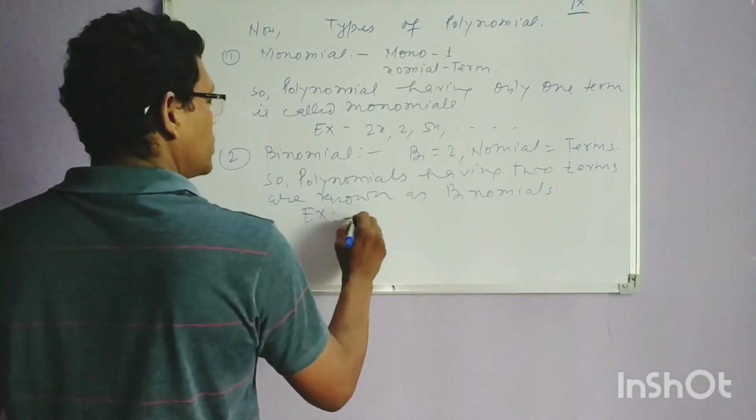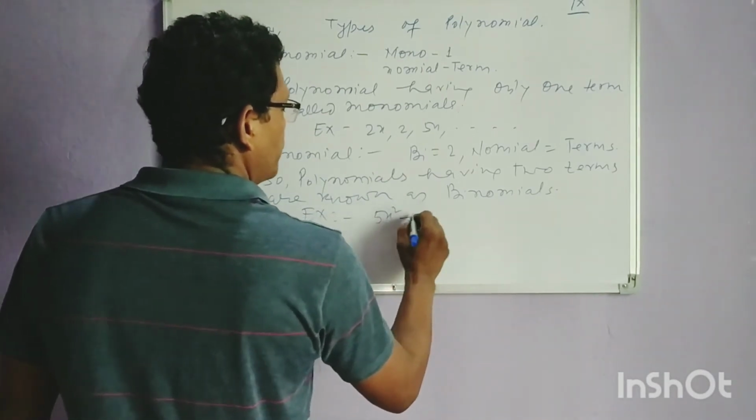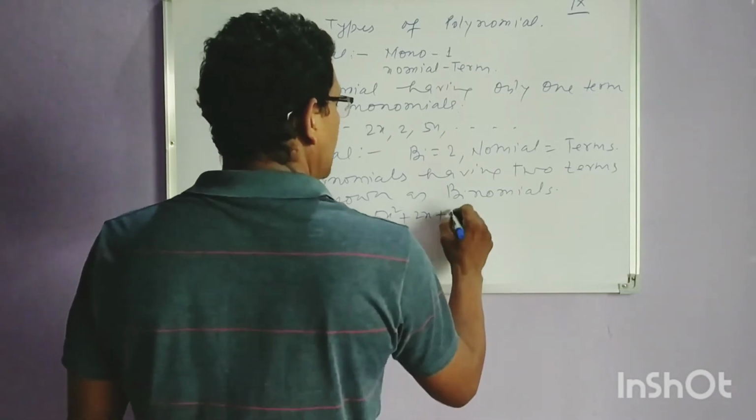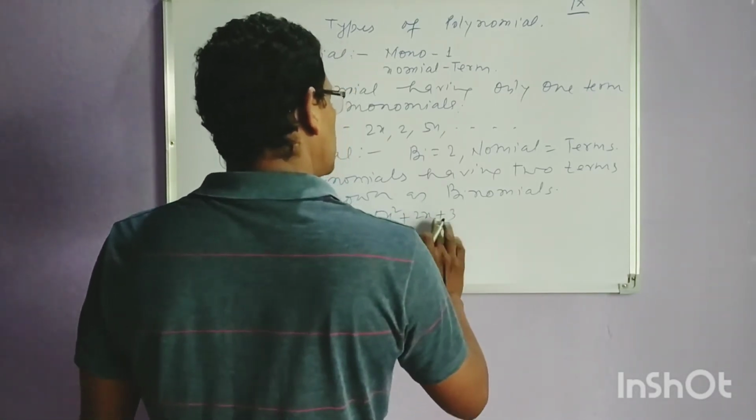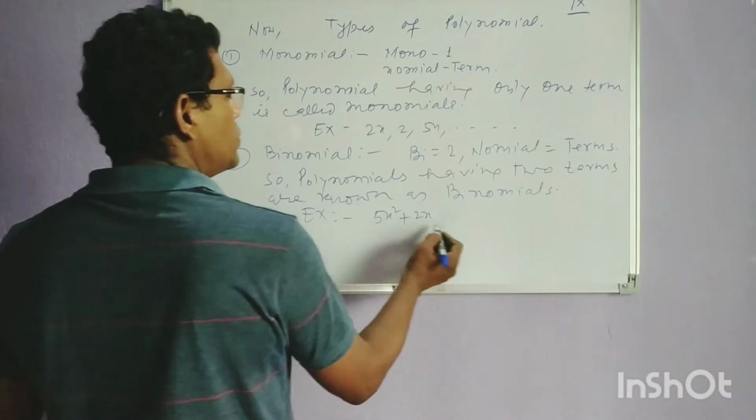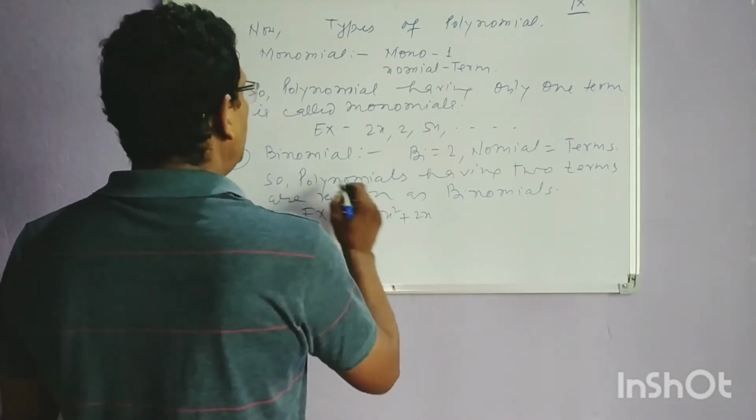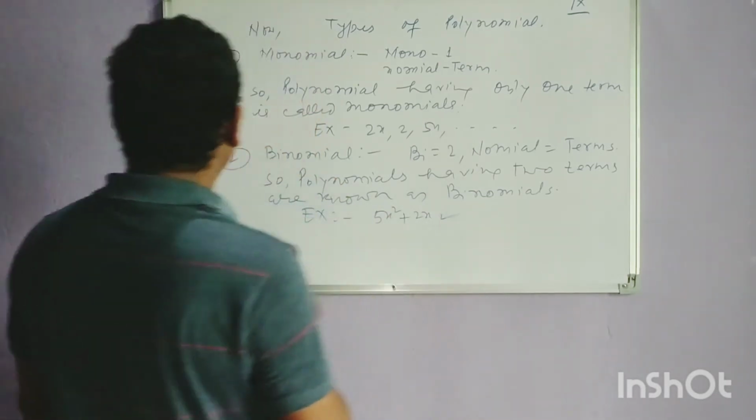Example 5x square plus 2x. So it has two terms. So we call it binomial.